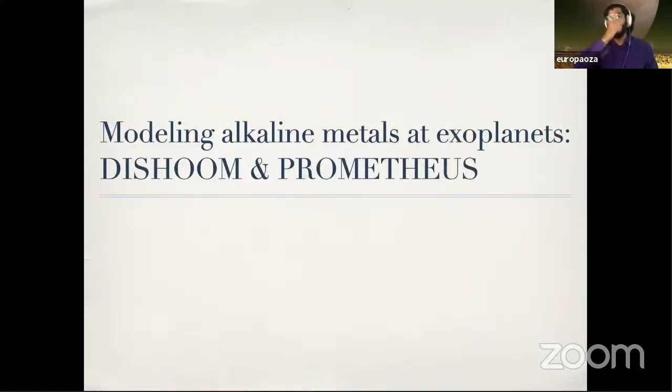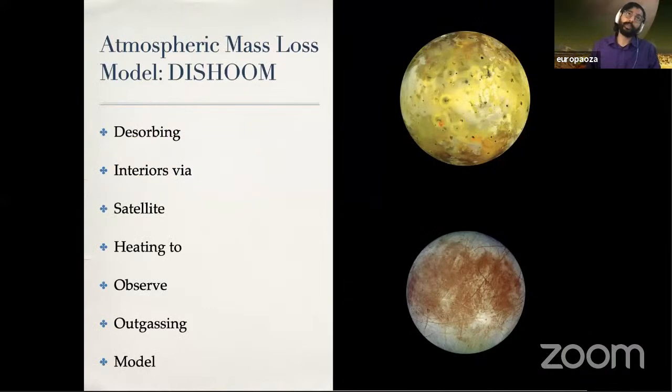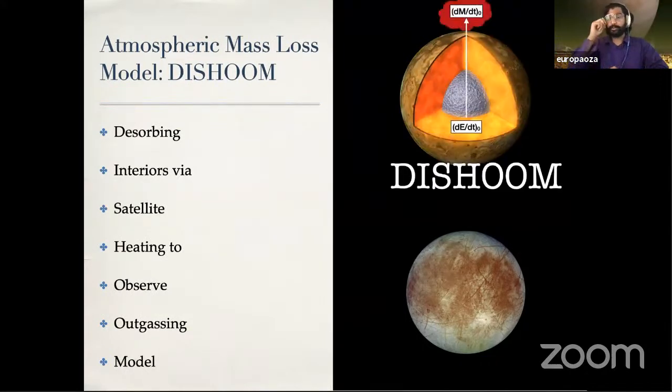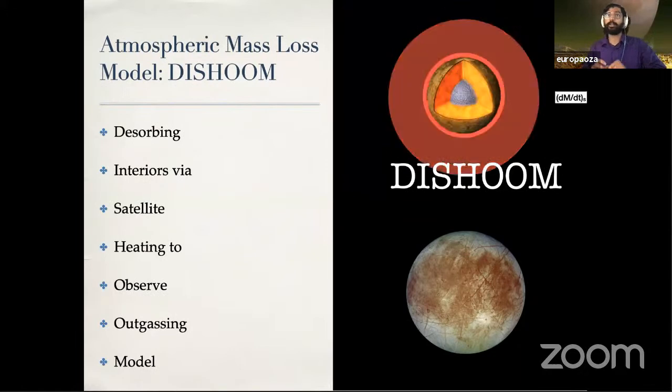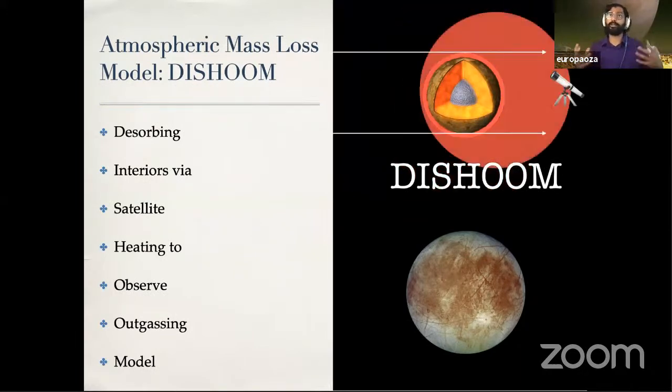So, modeling alkaline metals at exoplanets. We have two models, call them Dishum and Prometheus. Dishum stands for desorbing interiors via satellite heating to observe outgassing. This is a model that I've developed over the last few years for modeling atmospheric evolution.